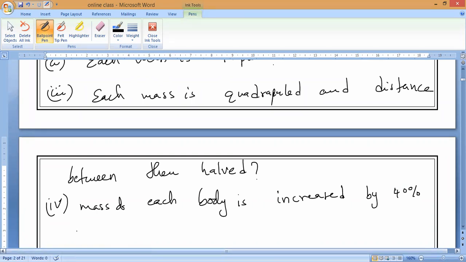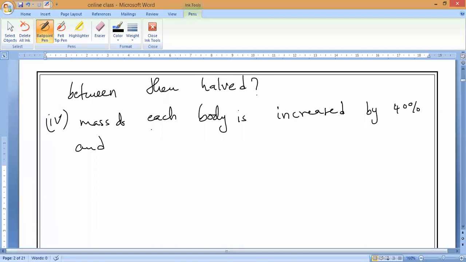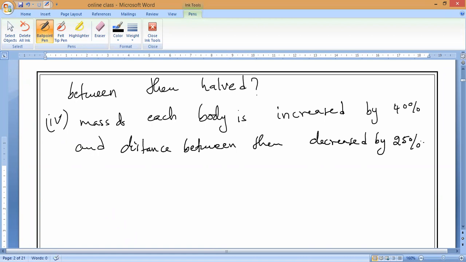And the distance between them is decreased by 25%. So now these are the four subdivisions.